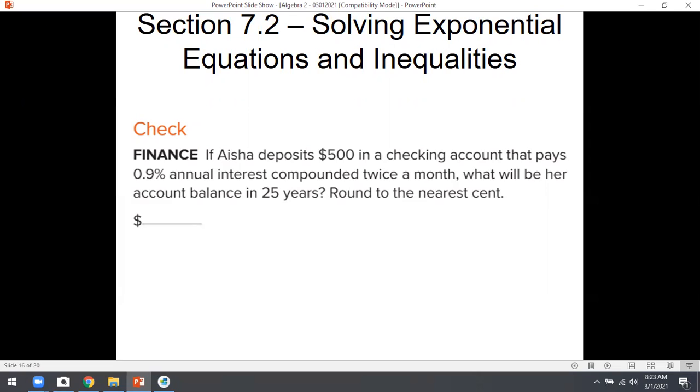So that should look something like mine on the board. Yours kind of look like that. Same things in the same spots, right? N is 24. R is 0.009. That's what 0.9% would be.